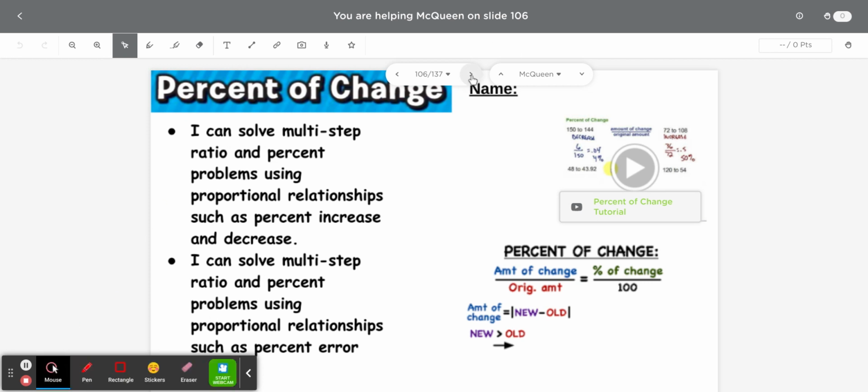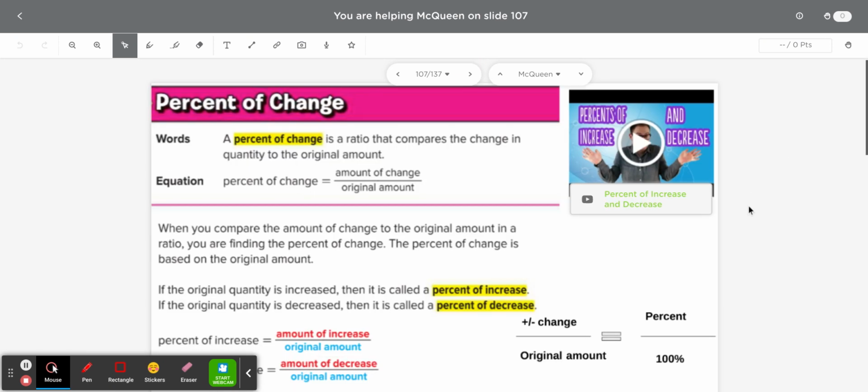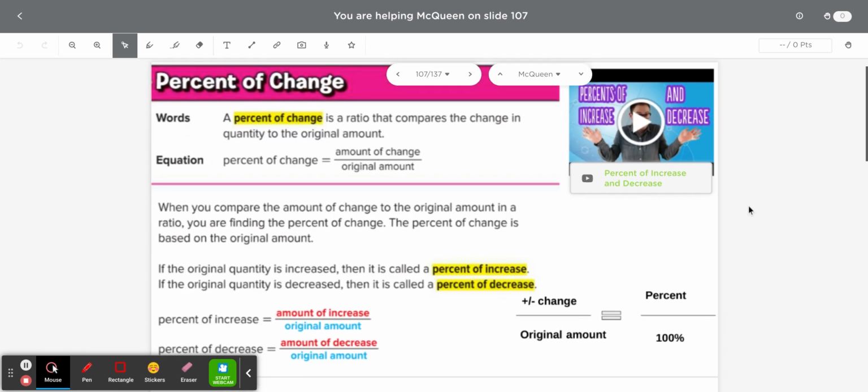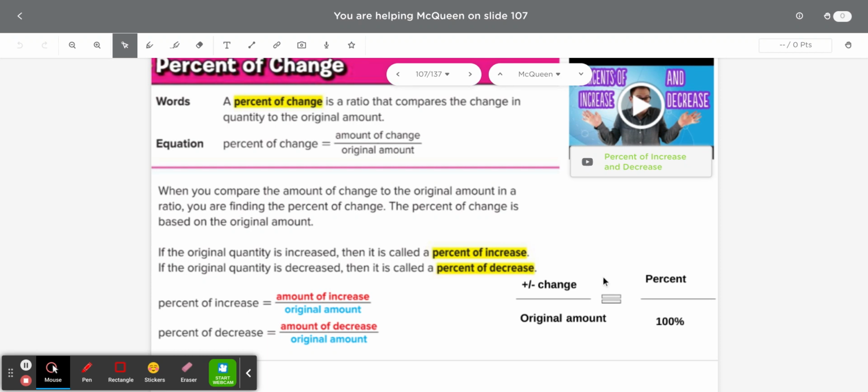So you will be on slide 106 here. Okay, so starting on slide 107, we see percent of change, and we will set these up as a proportion. This is how we will continually set this up. The amount that we originally start with will always be on the bottom.